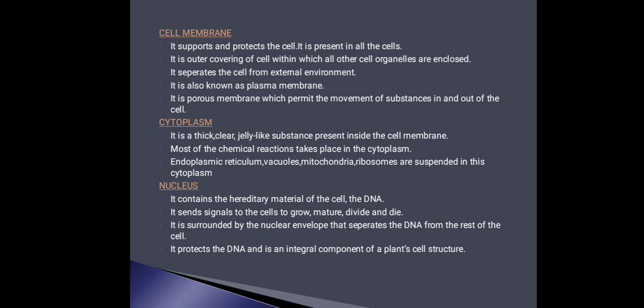It protects the DNA, an integral part of the plant cell structure. It helps in the reproduction process to produce offspring. Hence, the nucleus and nuclear membrane are a very integral part of the plant cell structure.